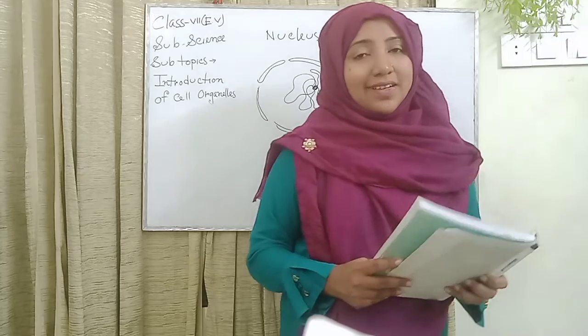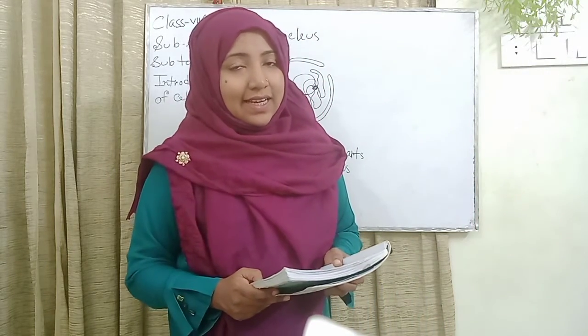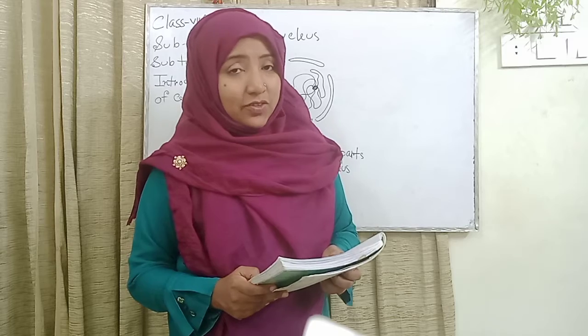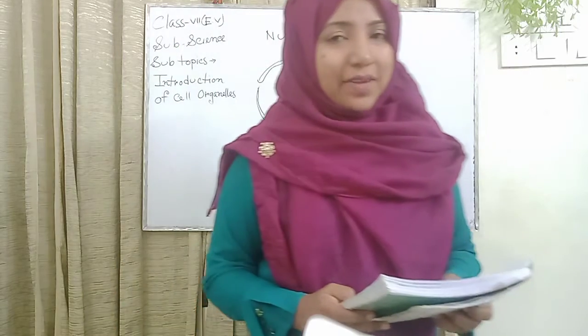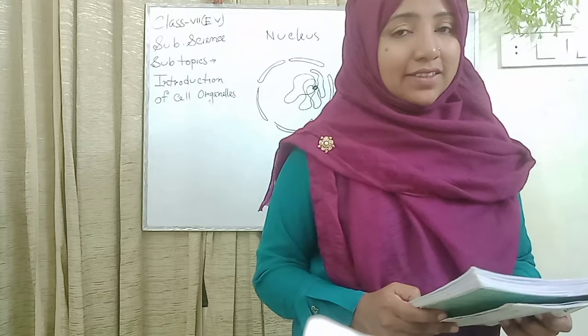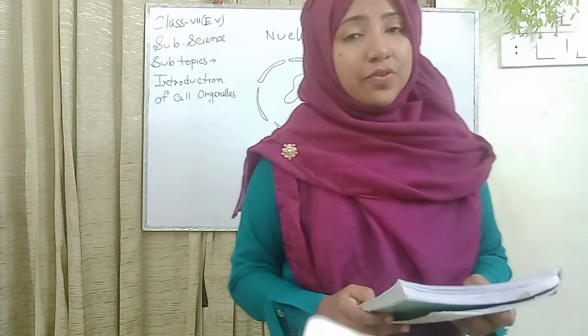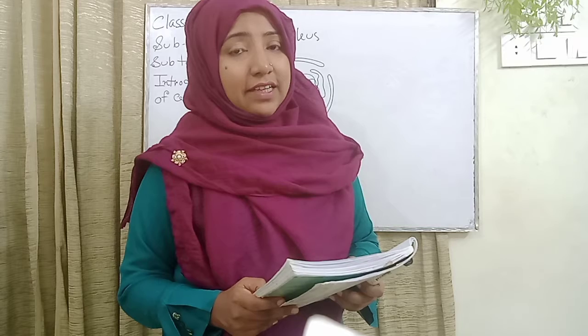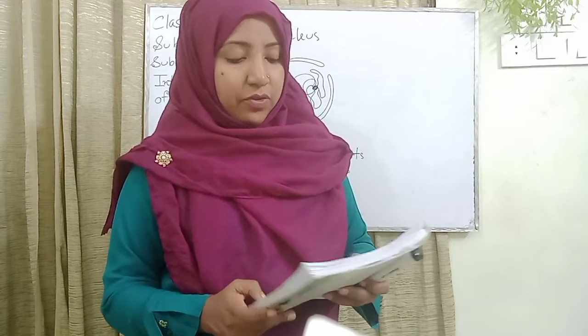In the previous class, we explained the introduction of cell organelles. Again, I repeat: in the cell organelles, there are main organelles, basically plastids, which are photosynthesis based. The second structure is the mitochondria, the energy source.